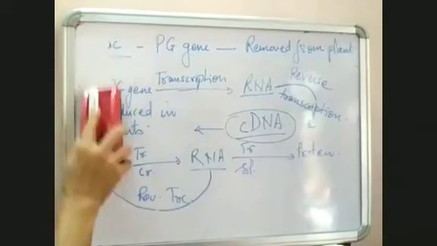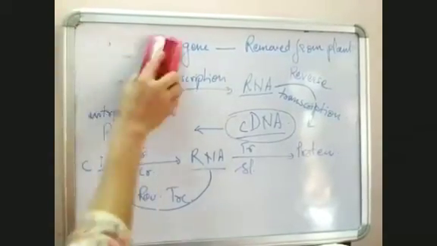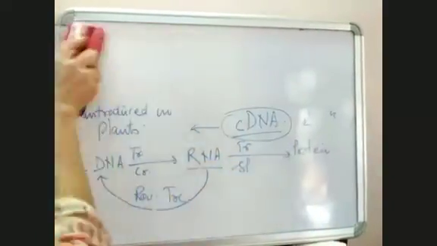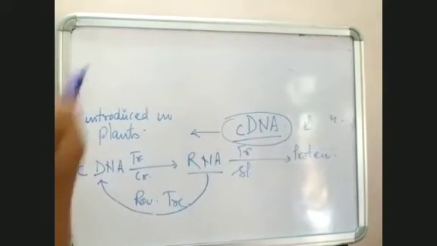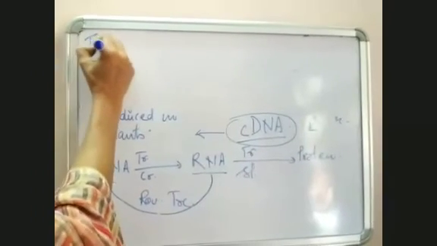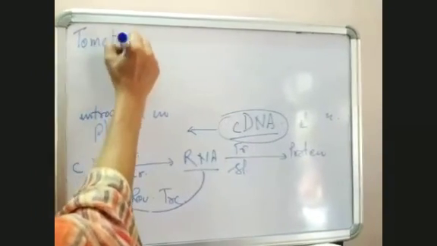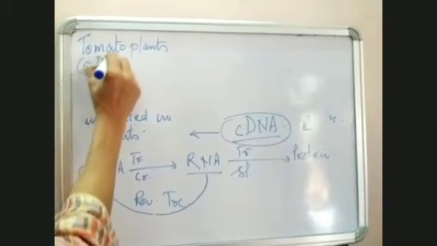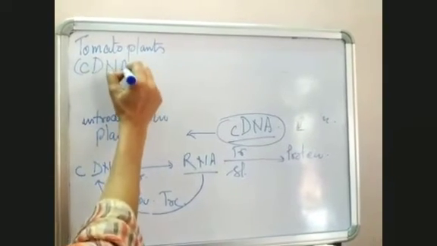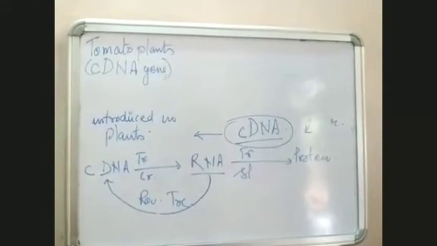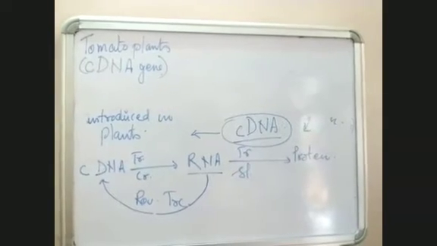That means this gentleman Mack introduced this cDNA in the plant. So now tomato plants had complementary DNA in them.